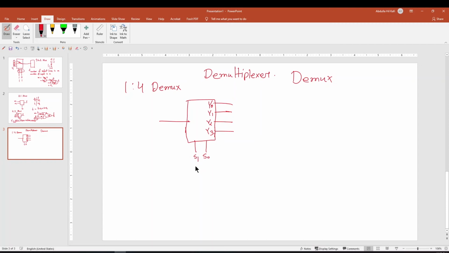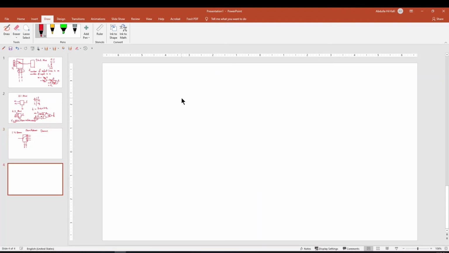If you make it 0 0, the input line will be connected to this one, and similarly if you make it 0 1, the input line will be connected to this one. For 1 0, the input line will be connected to this one, and for 1 1, it will connect to this one.